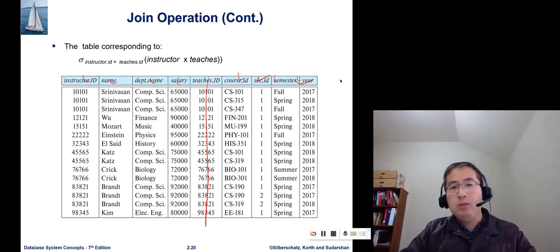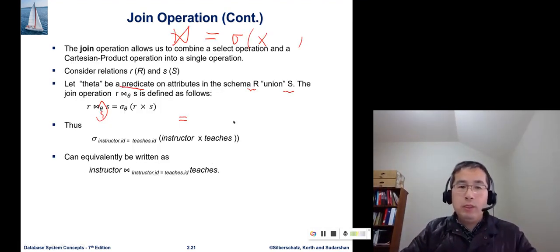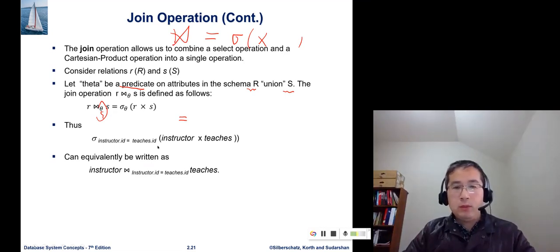So this one is a predicate, but at the minimum it will be the common one, just equal to each other on the common attributes. That's why we set it like this. That's a natural join. They are equal to each other on the common attribute set.